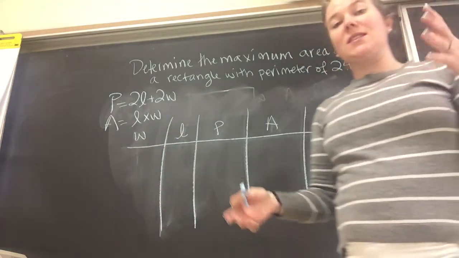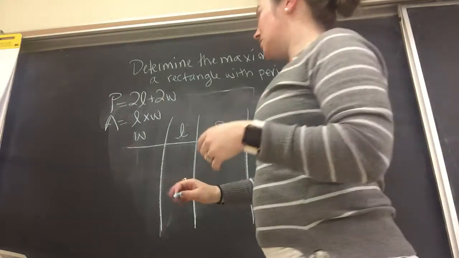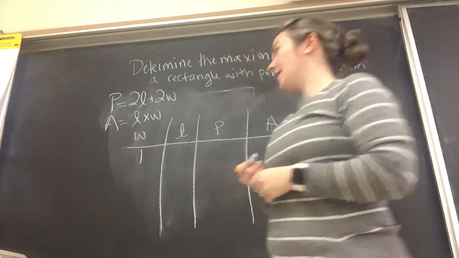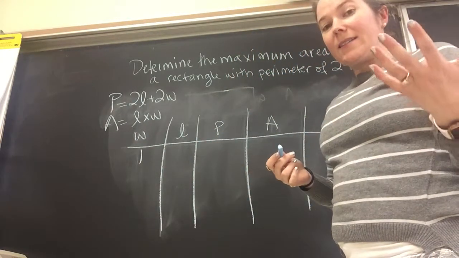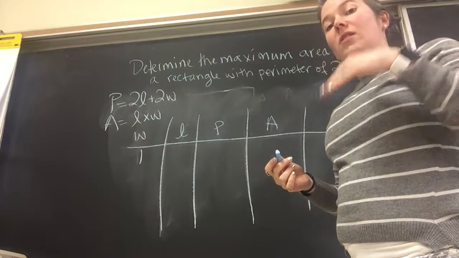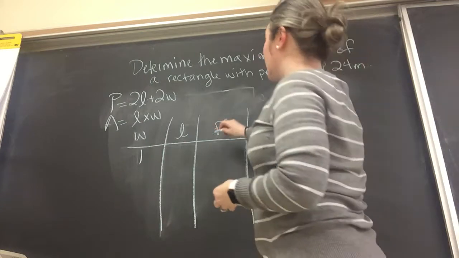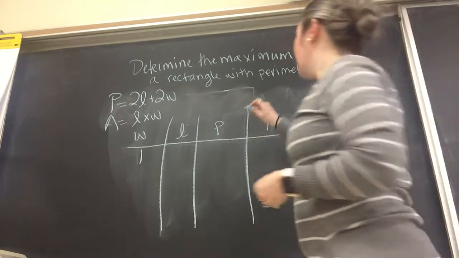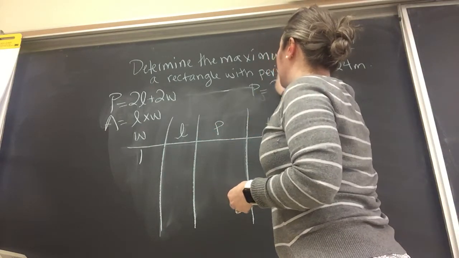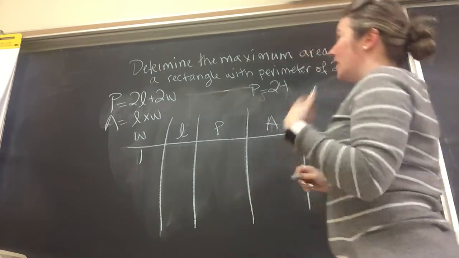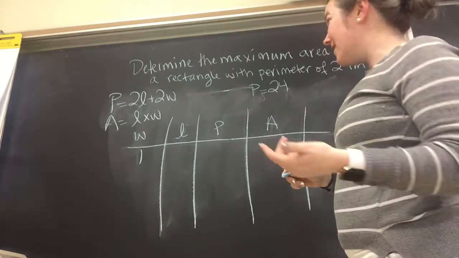The one that I'm going to change is going to be the width, and the width is going to determine the length. In this case, we know that the perimeter equals 24. So if my perimeter equals 24, how do I find length?